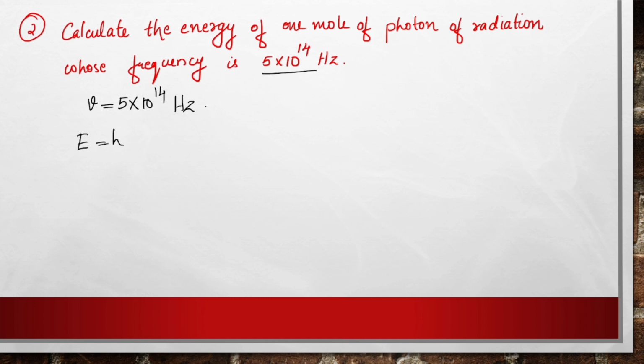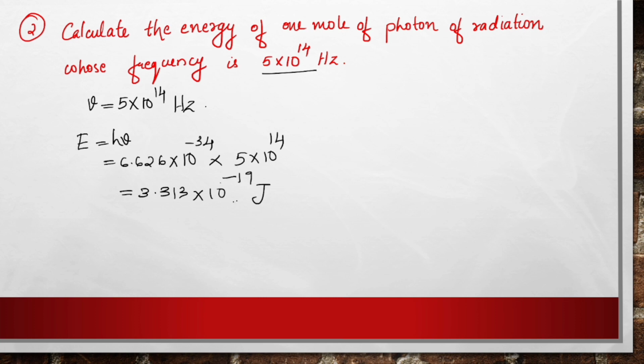E is equal to h nu. H value is 6.626 into 10 raised to minus 34 into frequency value 5 into 10 raised to 14. And you will obtain the value as 3.313 into 10 raised to minus 19 joule, which will be the value of energy.